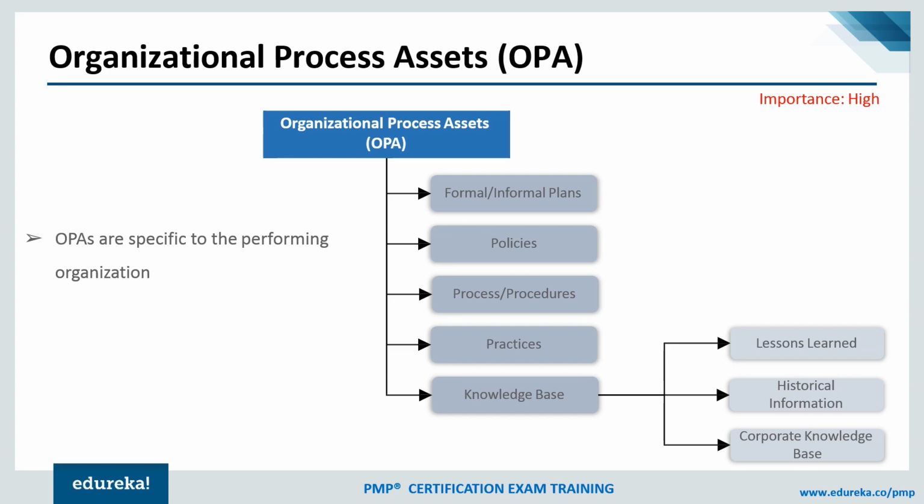And OPA may include your formal or informal plans. Your company may have their own templates to follow. There would be work policies, timing, ethics, personnel administration, knowledge and procedure, practices that you follow, and the knowledge base.